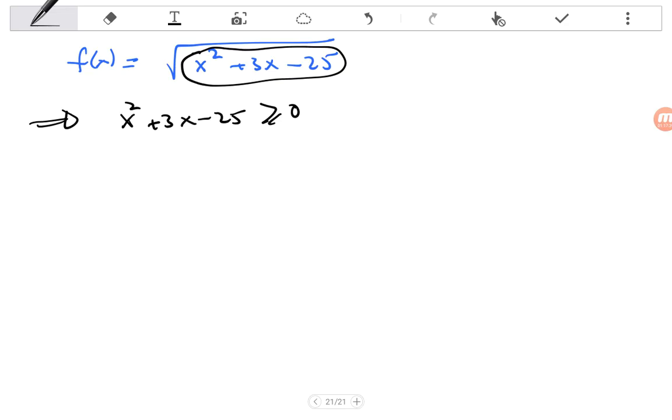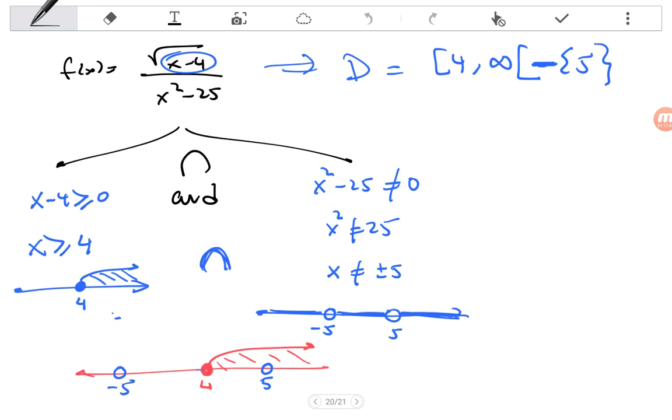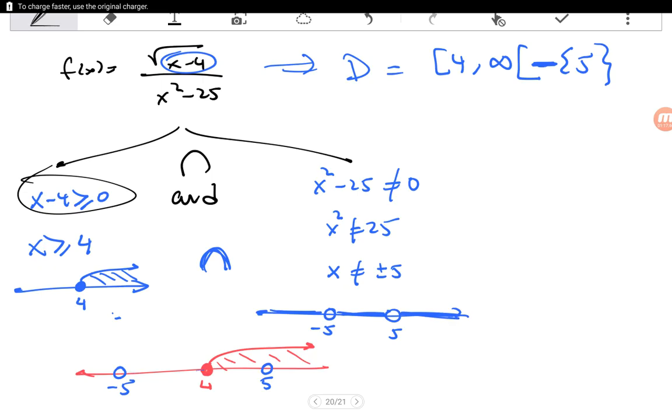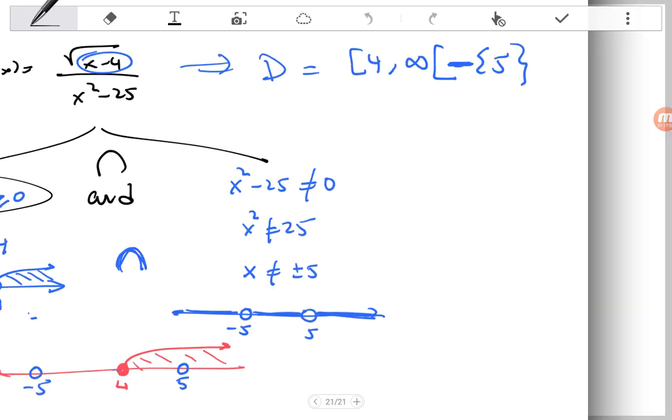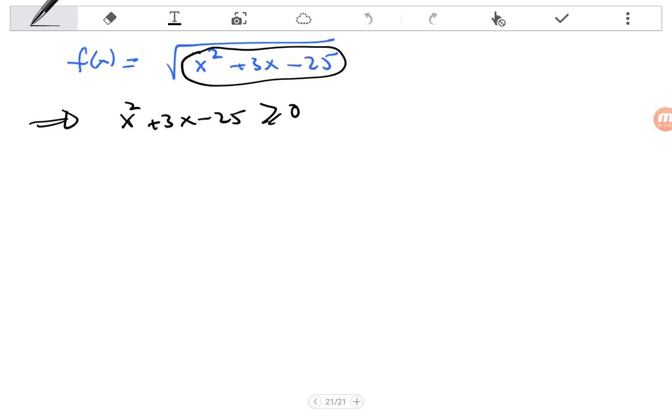Now how to solve this inequality? This inequality is just a bit more complicated than an equality like this, for example. That was easy, but that was a second degree inequality. How to find the solution of this kind of inequality?